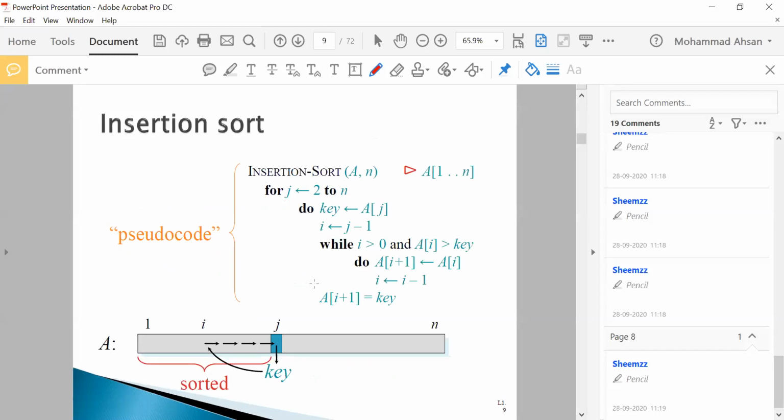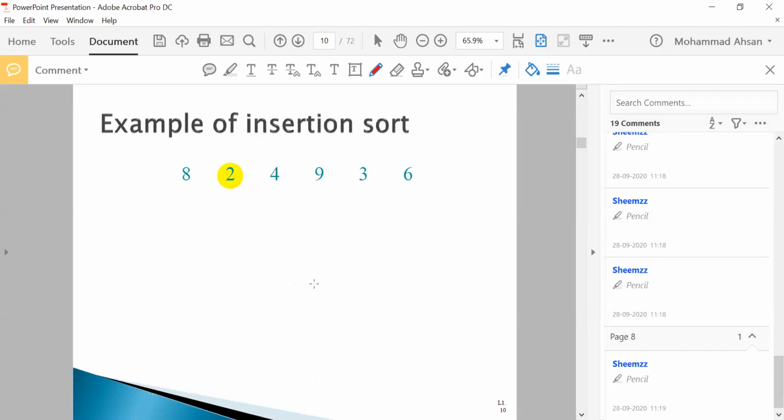Of all the sorting algorithms, let's discuss a simple one, insertion sort. So what do we do in insertion sort? This is the pseudocode. Let's go to the example. So in insertion sort, you start with the second element, you pick it up and you compare it with all the elements on its left till you find its proper position with respect to the elements on the left.